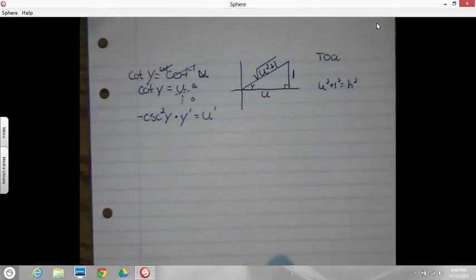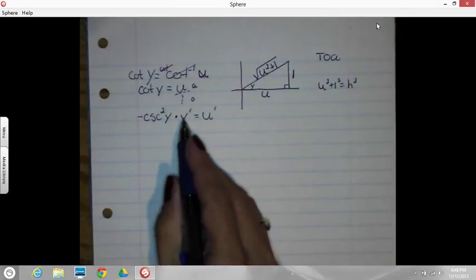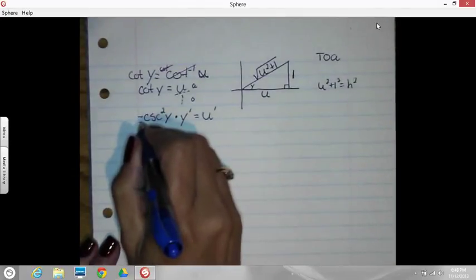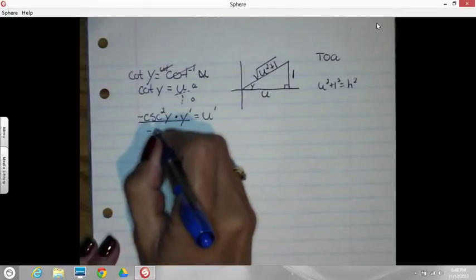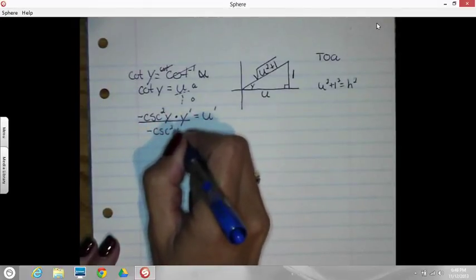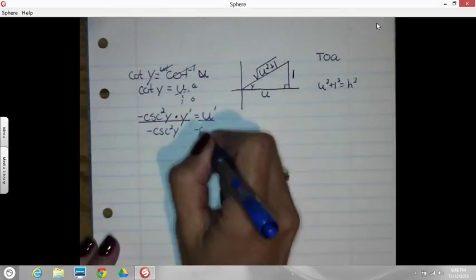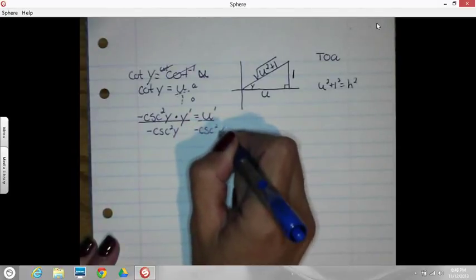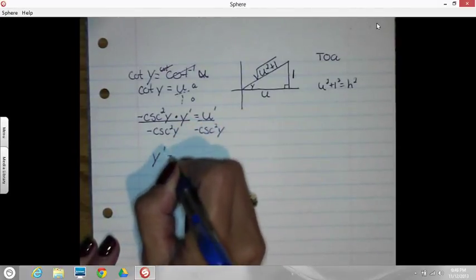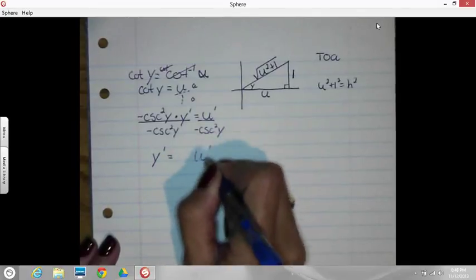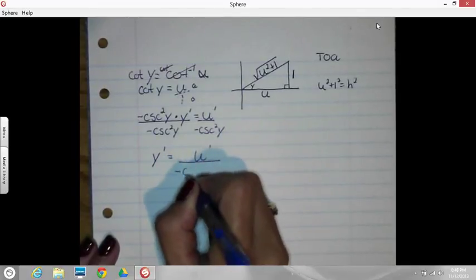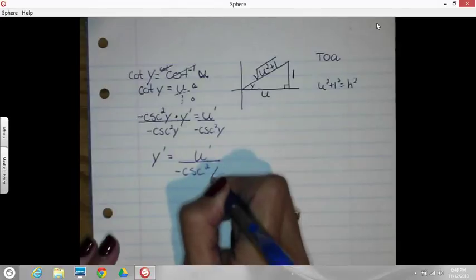After you do the derivative on both sides, you now solve for y prime. So we're going to divide by negative cosecant squared y: y prime over negative cosecant squared y equals u prime over negative cosecant squared y.